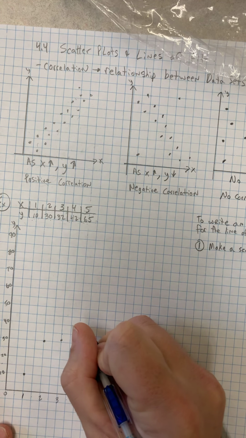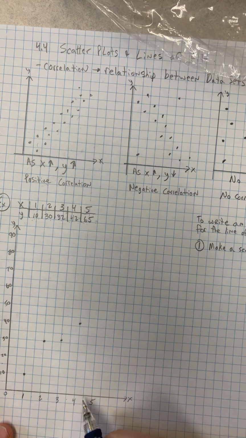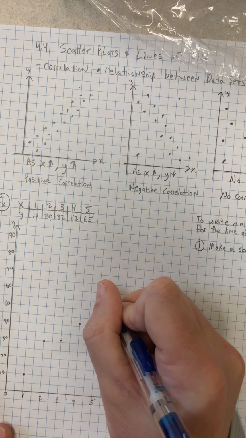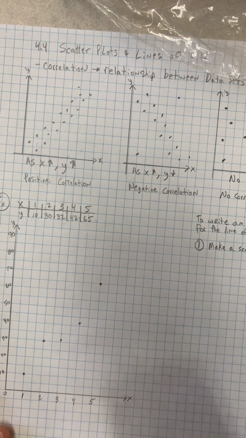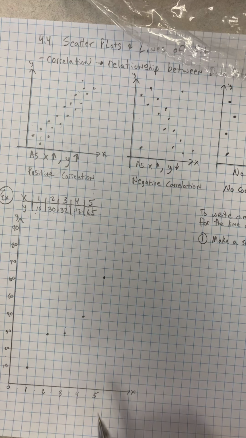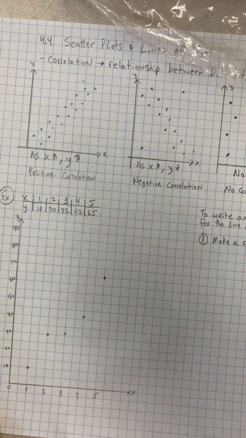Again, the same thing, a little bit below that half. And I have (5, 65). And there's my scatter plot. And again, it kind of came out the way that I would suspect. I knew as X was getting bigger, Y was getting bigger, it should have positive correlation.